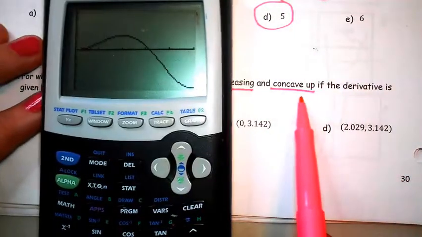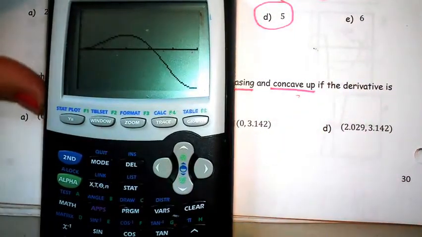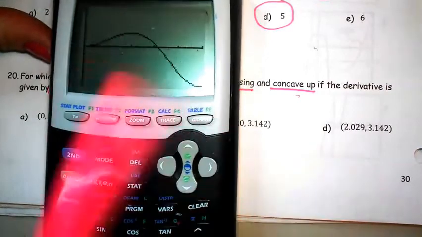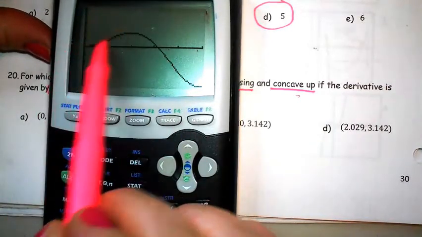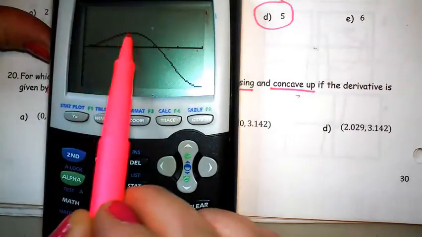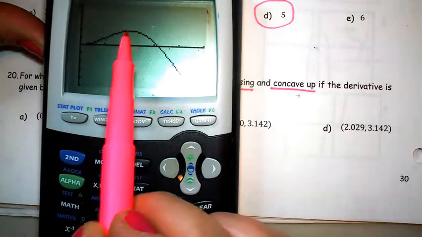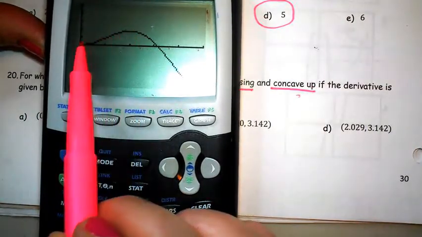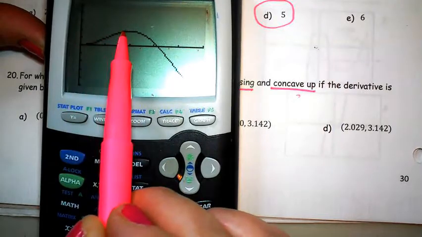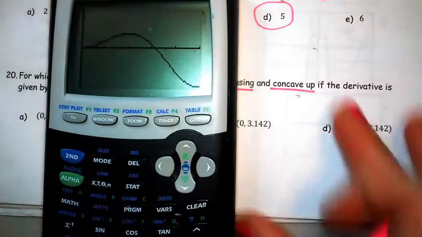I also want to know where the original is concave up. Well, the original is concave up where the derivative is increasing. So just right here. So the overlapping part is from here to here. And I have to list the interval that's going to work for this.